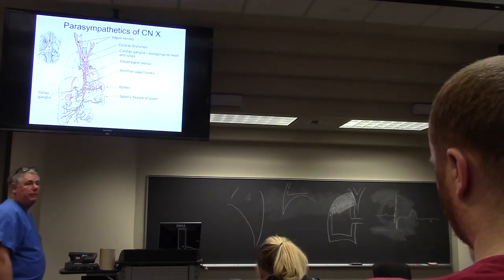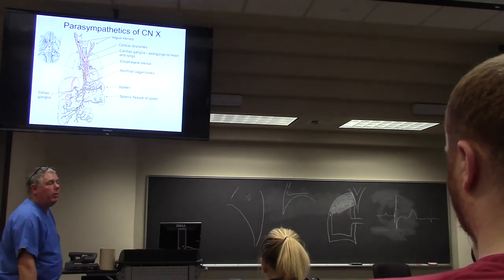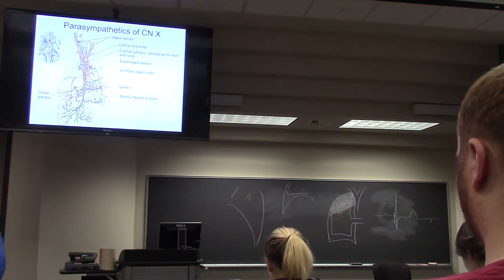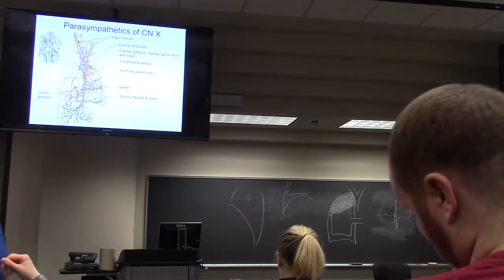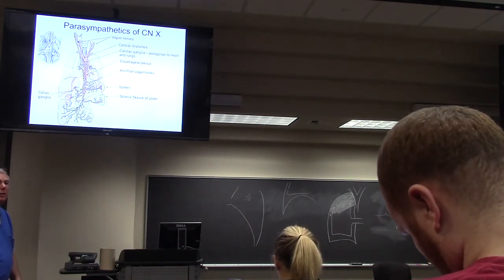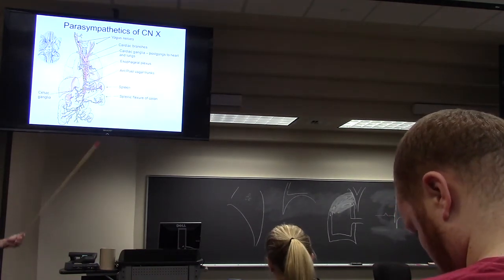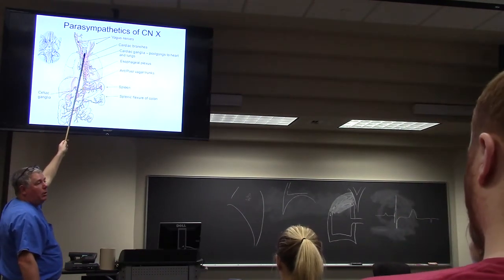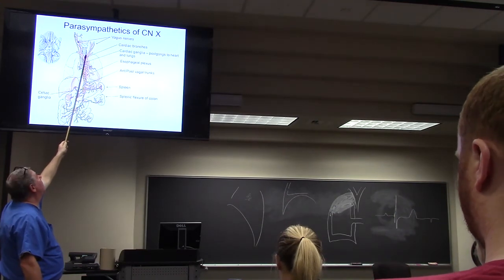The autonomics of the lungs, we've already been over, so you already really know this. The parasympathetics are by the vagus nerves. The vagus nerves come down as a right and left vagal trunk, or right and left vagal nerves.